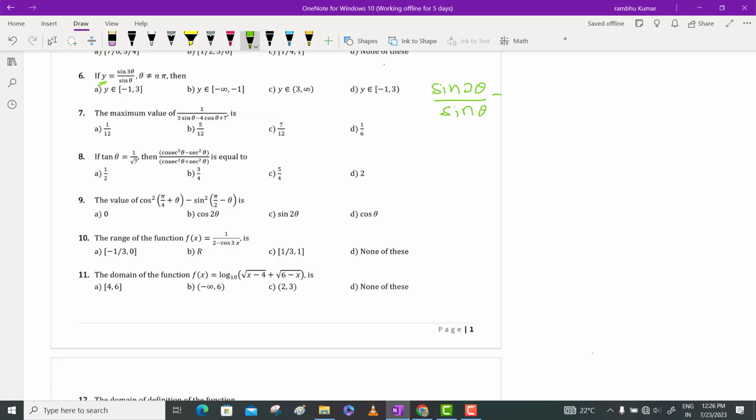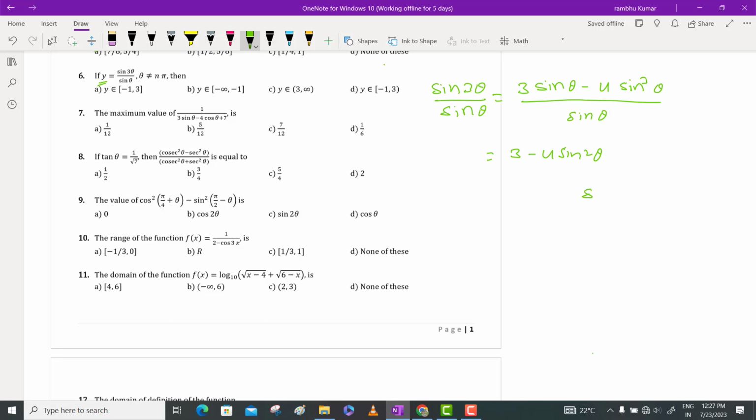So sin 3 theta we can write as 3 sin theta minus 4 sin cube theta divided by sin theta. Once you take sin theta common, then we will have 3 minus 4 sin square theta.